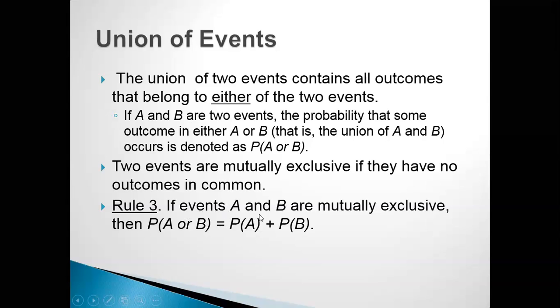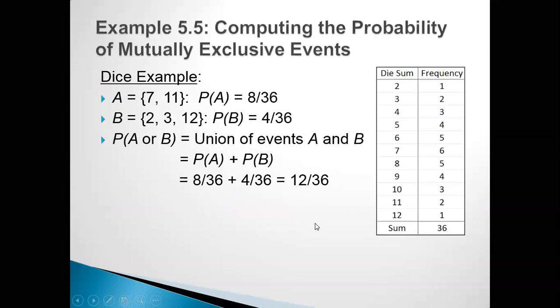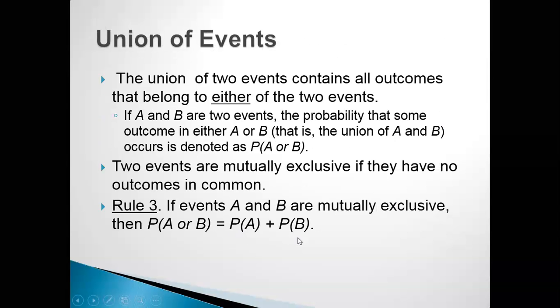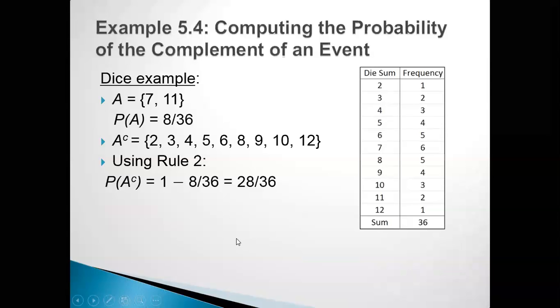For example, if events A and B are mutually exclusive, the probability of A or B is P(A) plus P(B), the probability of event A plus the probability of event B. The word or is very important because it shows that it's a mutually exclusive event, right?